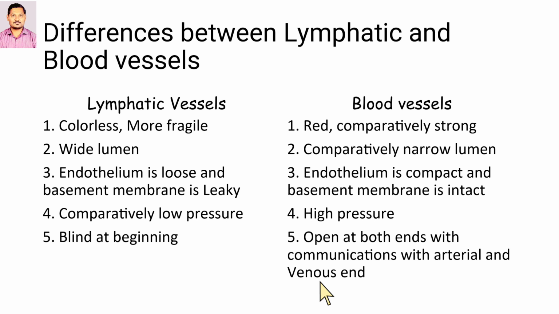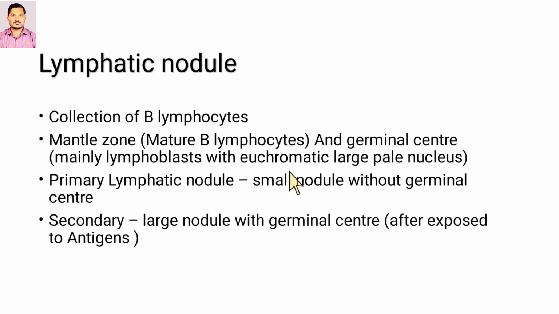That is why it permits high molecular weight substances to come into it and get into the circulation later on. So that difference has to be there, and that is why we have a different set of vessels carrying those kinds of materials which are not drained back normally by the thin lumen venous capillaries.